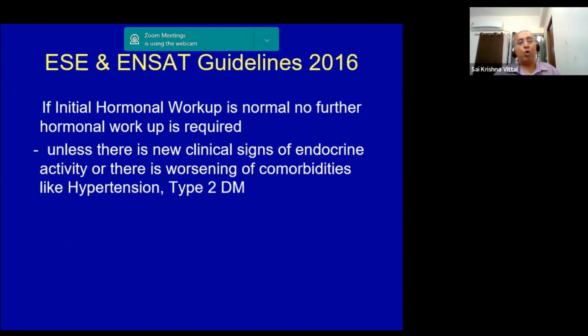If the initial hormonal workup is normal, no more hormonal workup is required unless there are new clinical signs of endocrine activity or worsening of comorbidities like hypertension or type 2 diabetes.